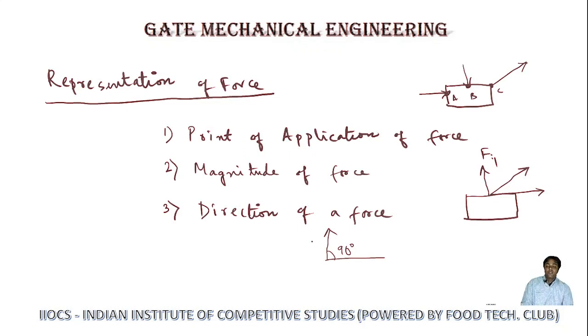So these are all about the point of application of force, the magnitude of force and the direction of force. Now I will go to how you measure the force, that is the magnitude of force. Direction is measured by the angle of the force with respect to the horizontal axis or vertical axis or whatever axis we consider.